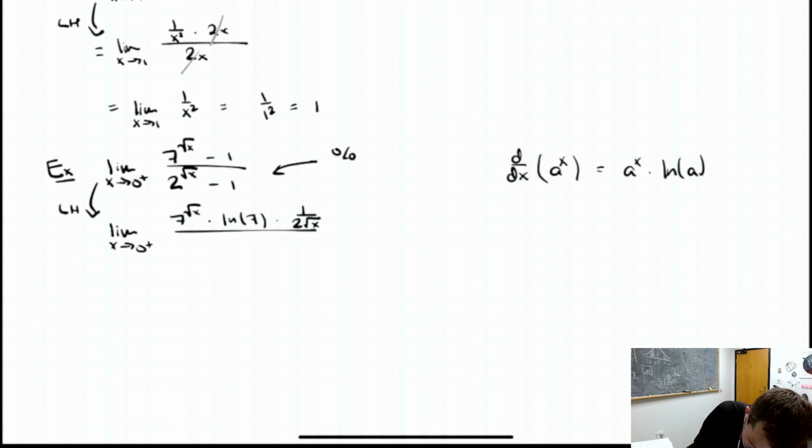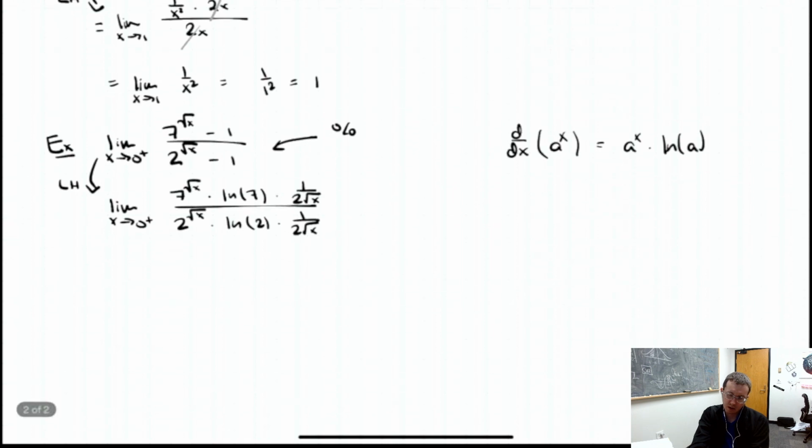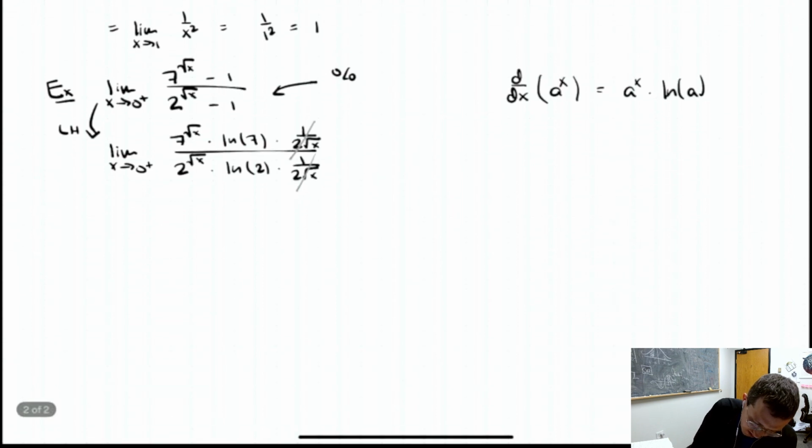In the denominator, I have 2 to the root x times the ln of 2 times 1 over 2 root x. Now these 1 over 2 root x's cancel, which is nice. And actually at this point already we're able to use direct substitution.